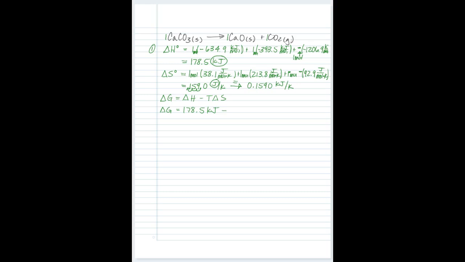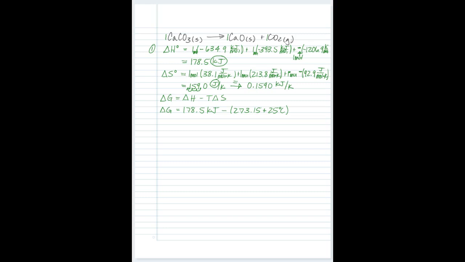And so 25 degrees Celsius, you just add that to 273.15, because that's our 0 degrees Celsius value. 273.15 Kelvin equals 0 degrees Celsius, but we have 25 degrees Celsius, and so that comes out to be 298.15 Kelvin.